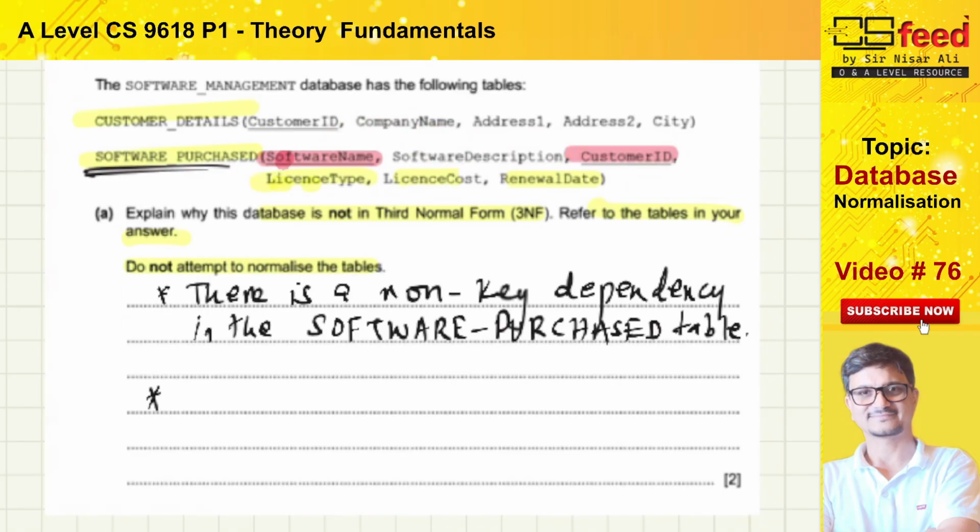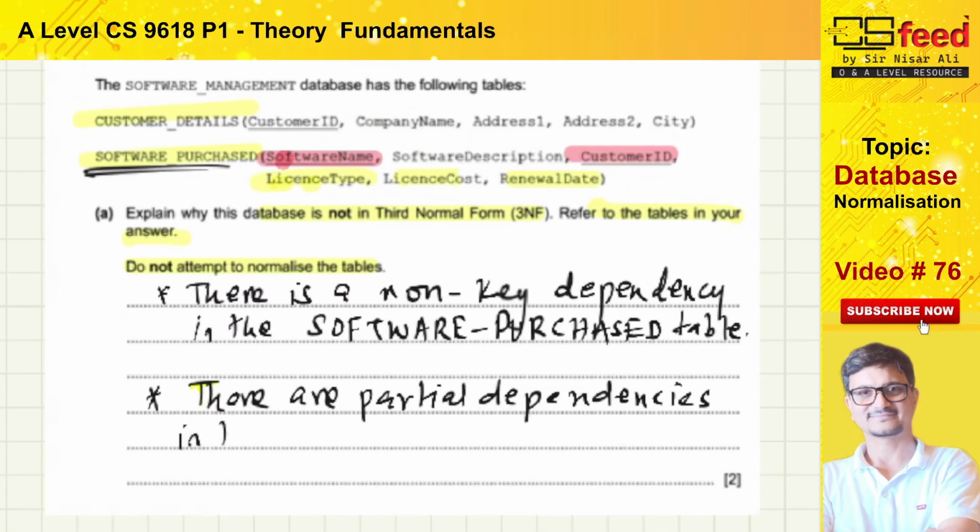So this is another point: there are partial dependencies in the software purchase. All right, so we can write these 2 points here.